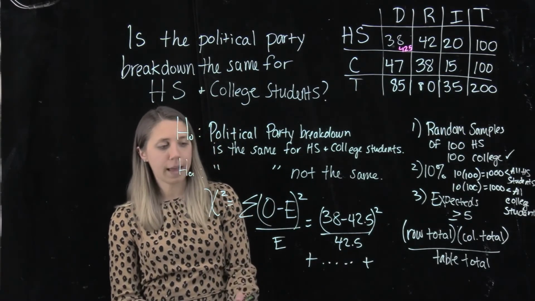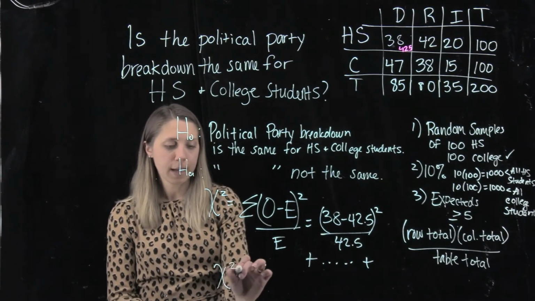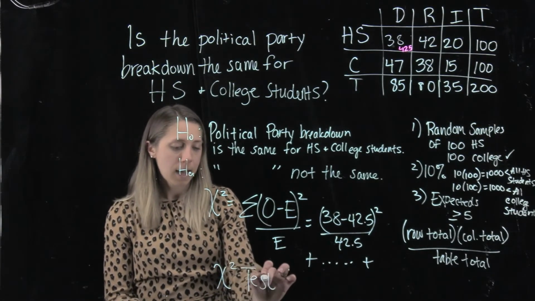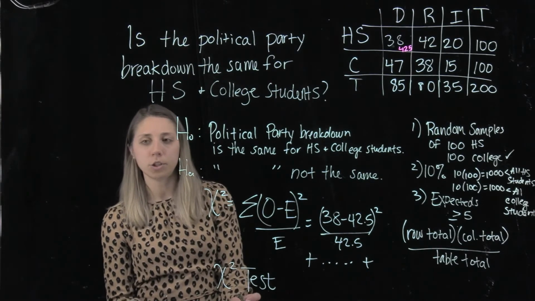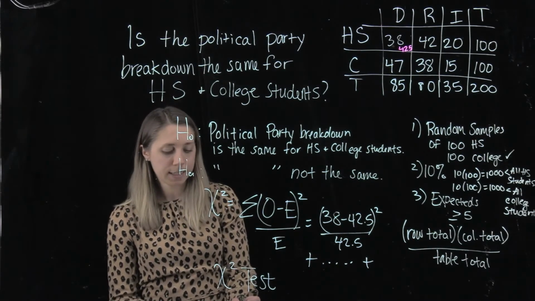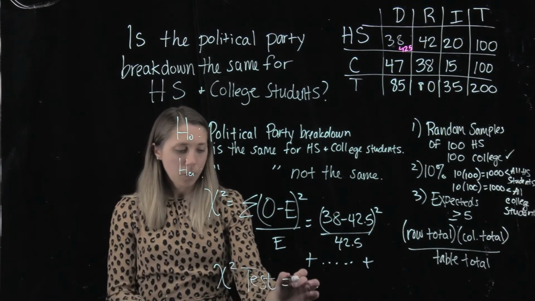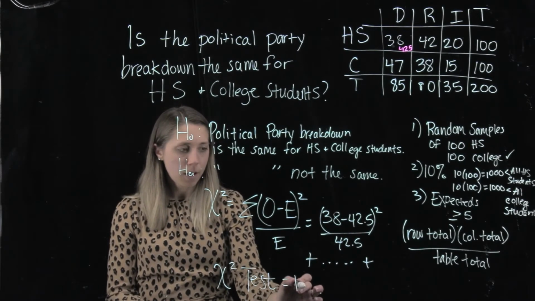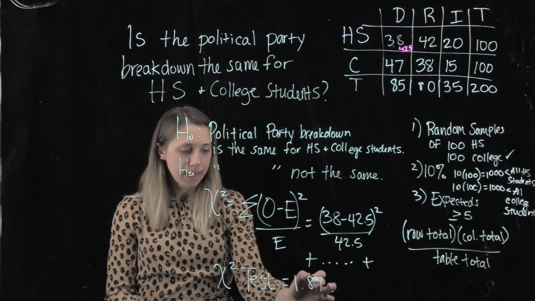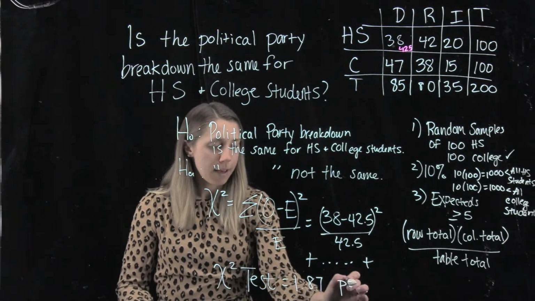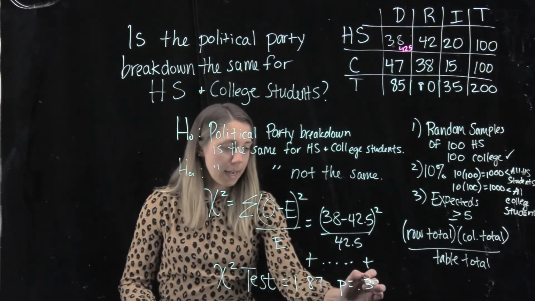Or, like I said, we could use chi-squared test on our calculators as long as you are familiar with the matrices. You get a chi-squared value of 1.87, and it yields a p-value of 0.393.